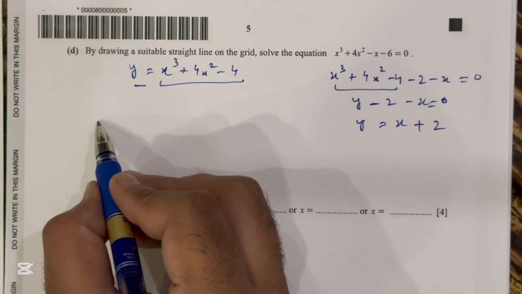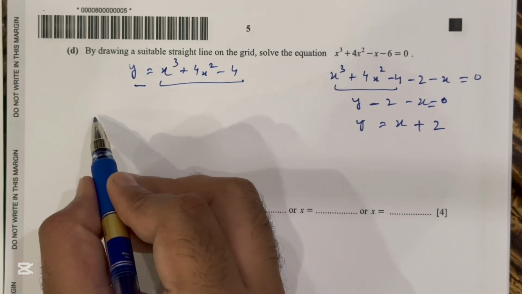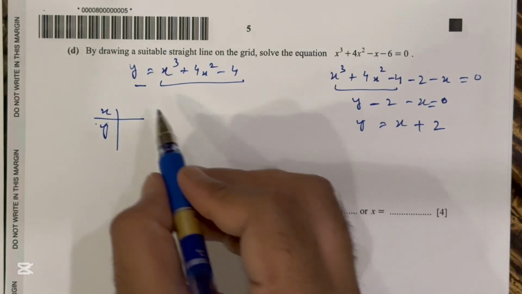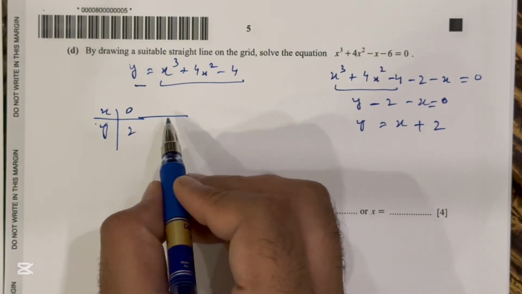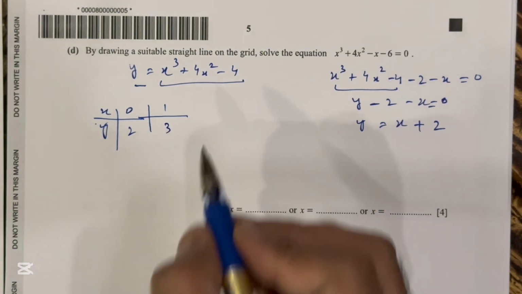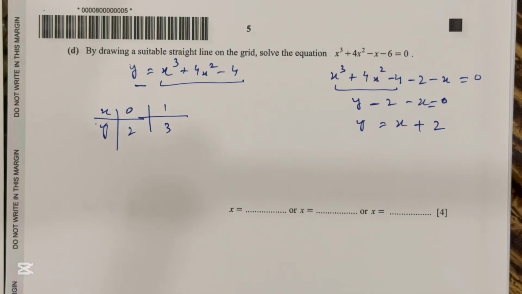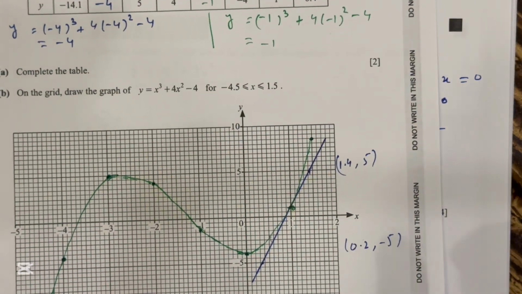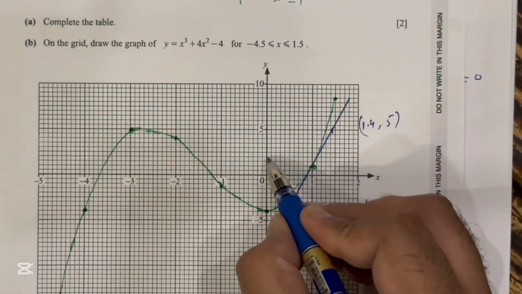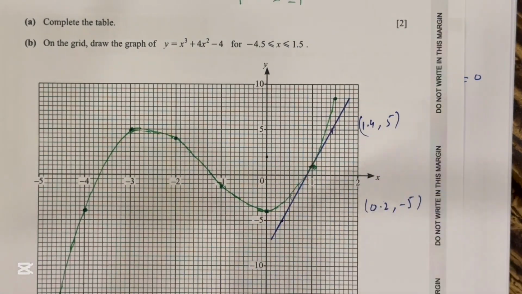So now you can plot this line by taking any two values to show on the graph. I will prefer to take x, y. If you put value 0, our answer will be 2. If you put 1, your answer will be 3. So these 2 points are enough. So at 0, the value of y is 2, so this would be that.